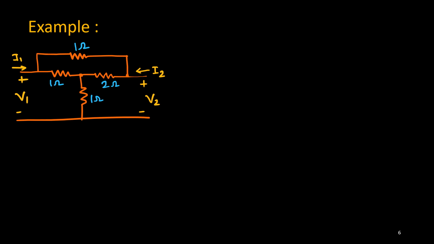First I'll draw this T network. This is your 1 ohm, this is your 2 ohm, this is 1 ohm, and with this 1 ohm resistance, can I consider single element network? Okay, I'll consider in different one.